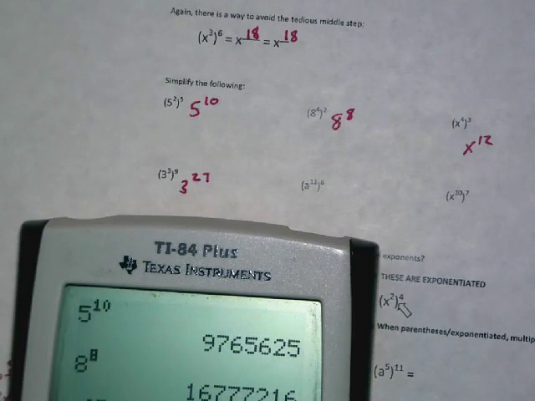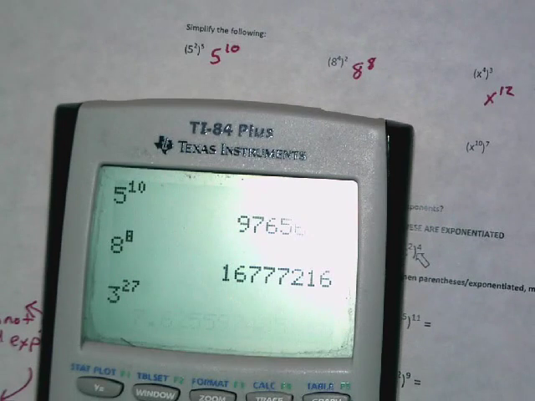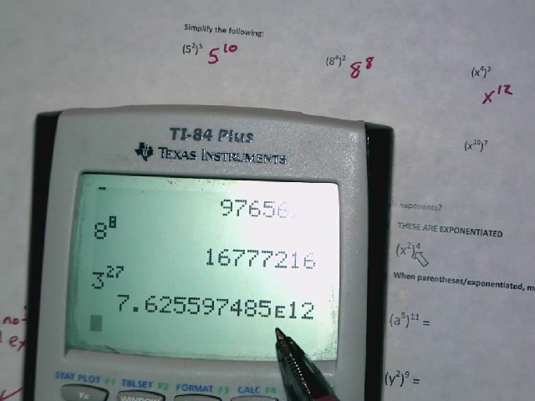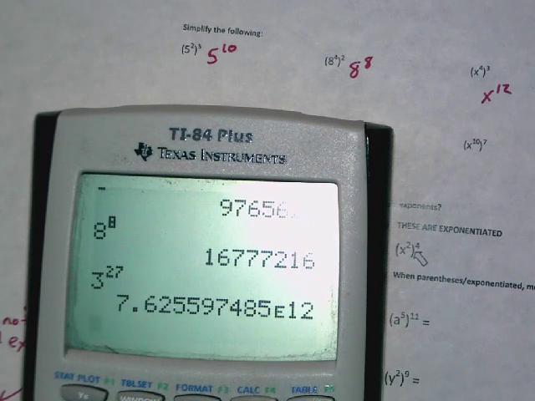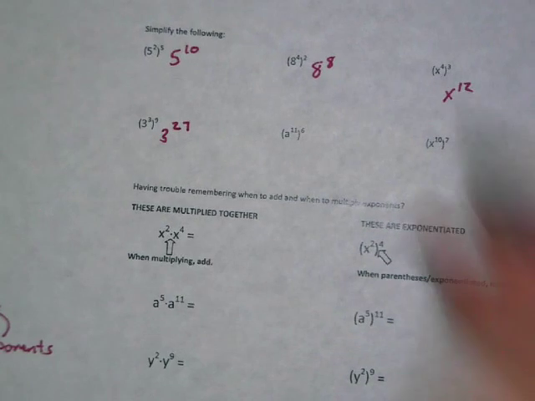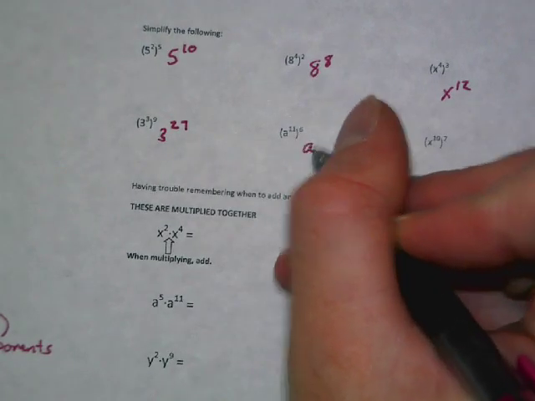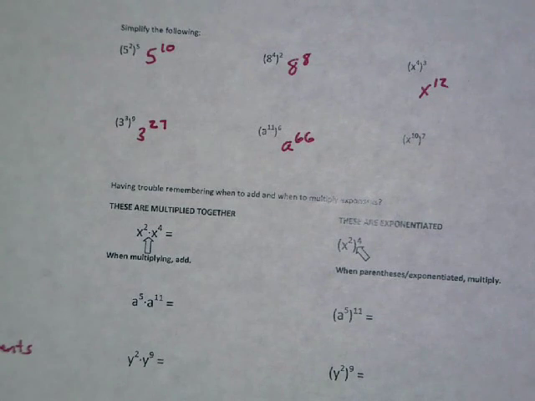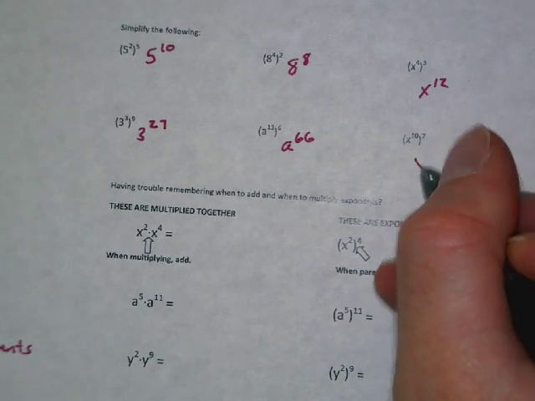So 3 to the 27th. I imagine to that big of an exponent, it's probably a huge answer. So let's see. Yes, if you see that E, that's scientific notation, which we'll get to later on. Just know that that means it's a huge number. It's way over 1 million. So we'll leave it as 3 to the 27th. And then 11 times 6 should get a to the 66th.